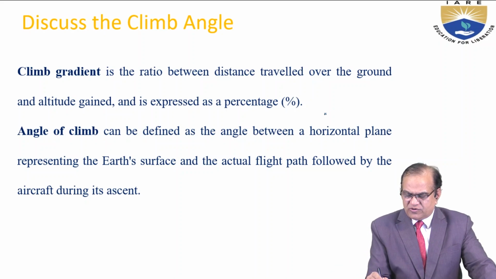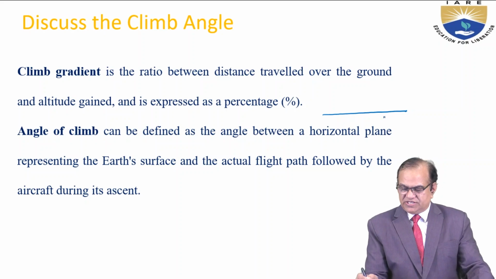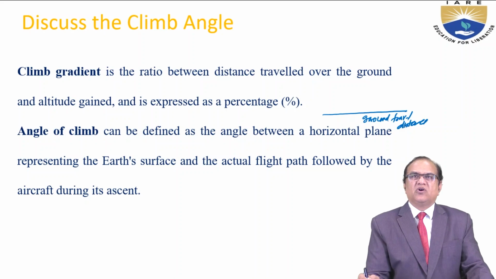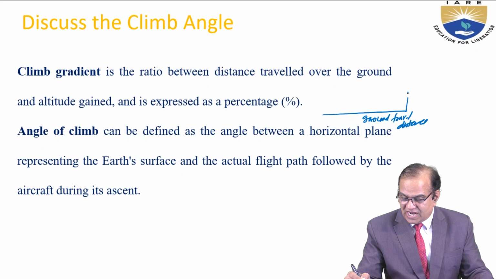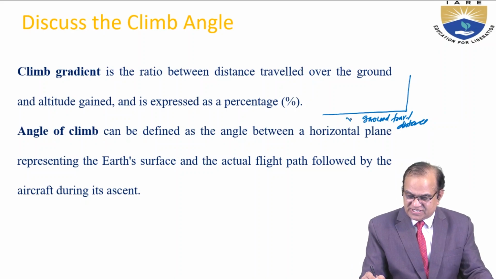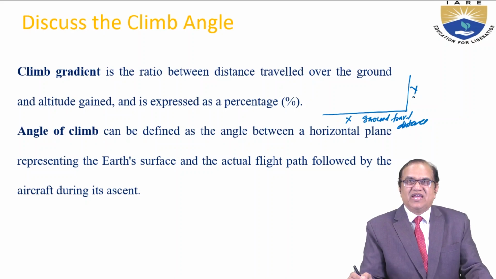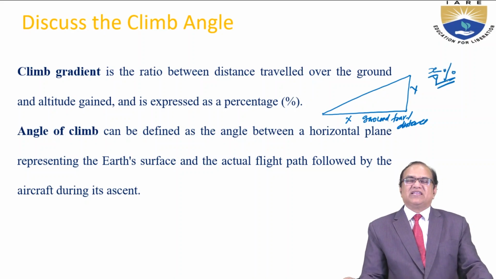So if I talk about this, this is the ground travel distance over the ground and this is the altitude gain, how much altitude it is gaining. So this is the x and this is the y. So it is a ratio in percentage. So y by x in percentage is called the climb gradient.